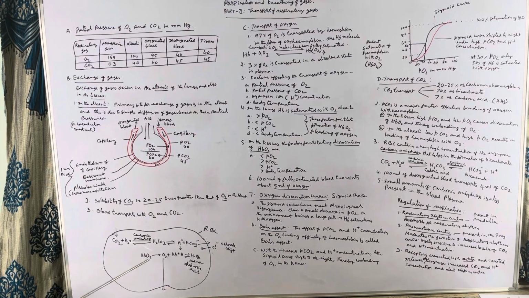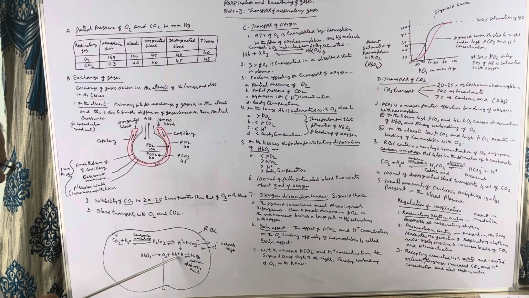Then, this is oxyhemoglobin. Oxyhemoglobin dissociates into hemoglobin and oxygen. This released oxygen goes into the tissues.